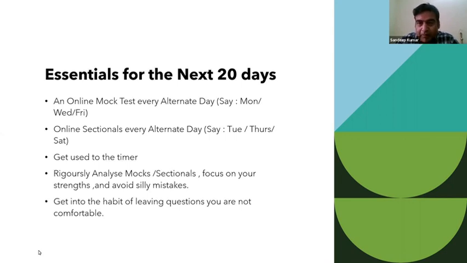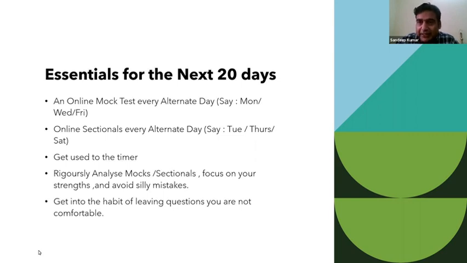So a very, very important part of your test preparation in the next 20 days has to be test-taking ability. One part is intelligence, the other part is what we are talking about: I need to get used to taking mock tests.